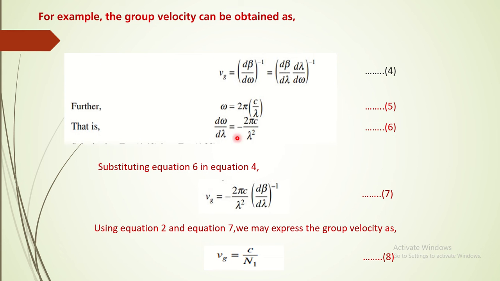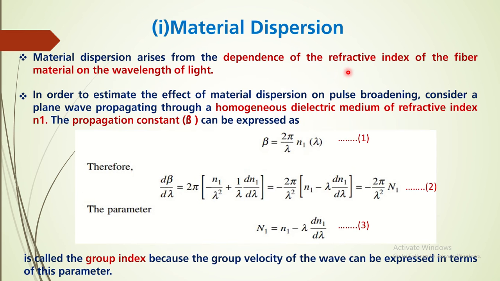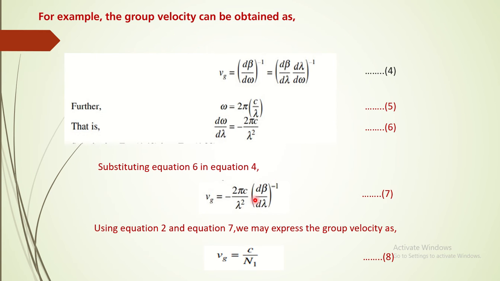Now I am going to substitute equation 6 in equation 4. You will get the group velocity Vg equals minus 2 pi c by lambda square into d beta by d lambda, the whole inverse. Using equation 2, that is d beta by d lambda, and using equation 7 for Vg, we can express the group velocity as Vg equals c by N1.